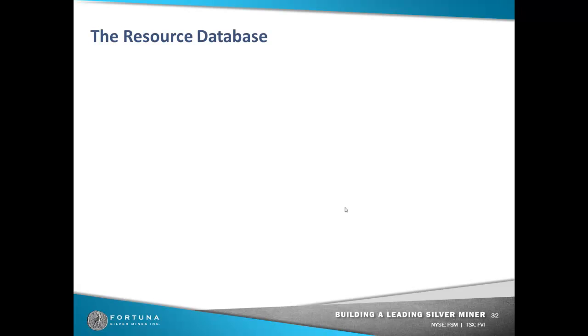So let's have a look at the next chapter within the CIM best practices now. We're going to look at the resource database in particular. Within the resource database, the Canadian Institute of Mining, Metallurgy and Petroleum defines two main types of databases that may be stored by a company.